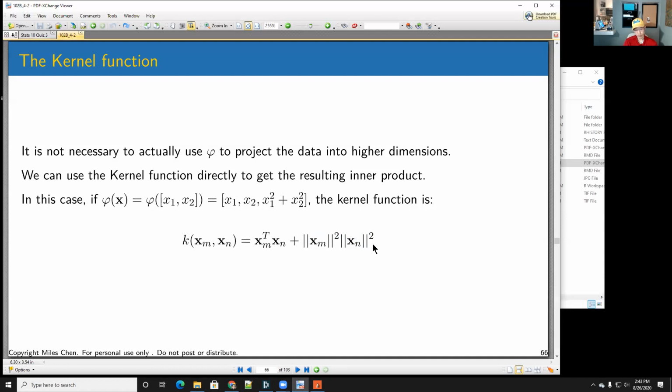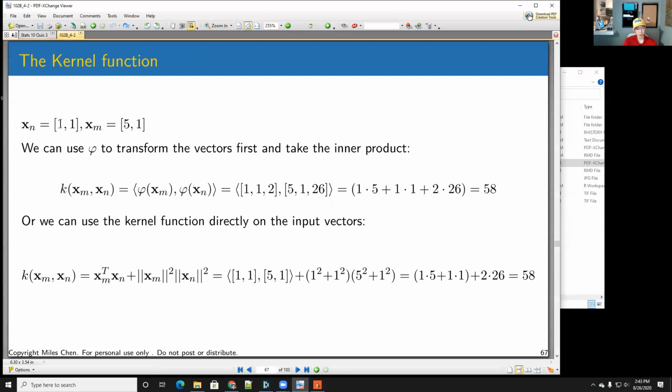So without even bothering to transform into 3 dimensions, I can get the same result. If I have the points 1, 1 and 5, 1, I could transform them into 3 dimensions, take the inner product, and I get 58. Or I can apply the corresponding kernel function directly to my 2-dimensional vectors.